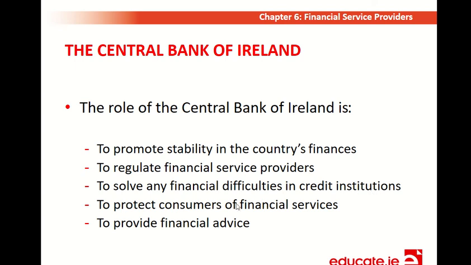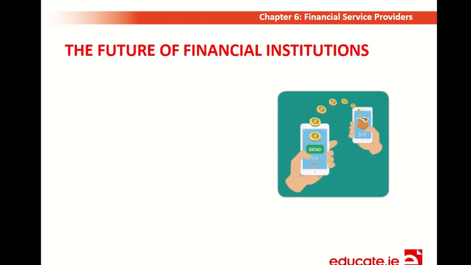They protect consumers, okay, so again, when people have money saved and the banks go bust, they make sure that people get their money and give advice also. So they're at the Central Bank of Ireland, okay, and they will issue currencies, the euro currency, to be distributed in Ireland to the banks.